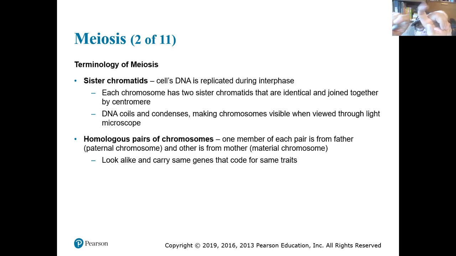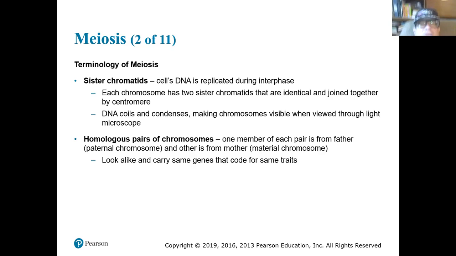We call the original chromosome, when it's a part of a doubled chromosome, a chromatid, and this is the new chromatid. So chromatids are halves of a double chromosome. Chromatids are a future chromosome, and one of them will be the original chromosome, and one is the copy that is attached to it temporarily.